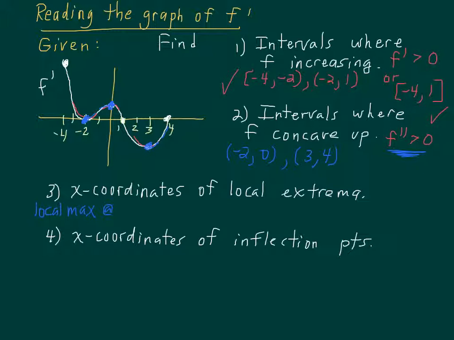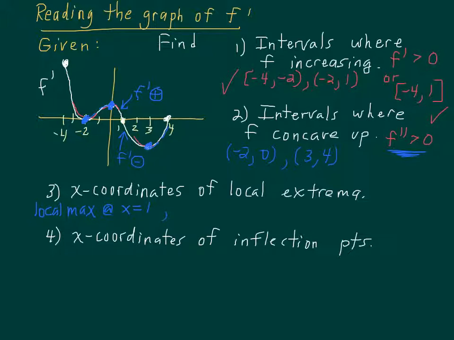So if we're going to have a local max, f prime needs to go from positive to negative. Well, we're going to have a local max at x equals 1. Okay, look to the left of 1. F prime is positive. And then look to the right of 1. F prime is negative. So when our first derivative goes from positive to negative, we have a local max.